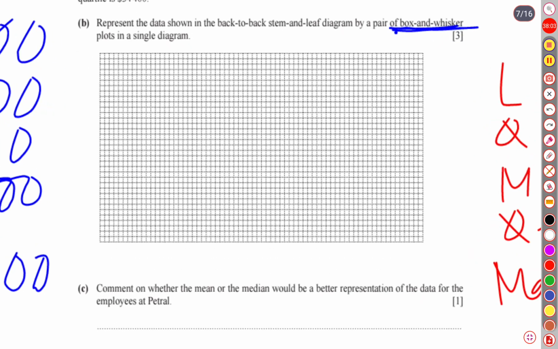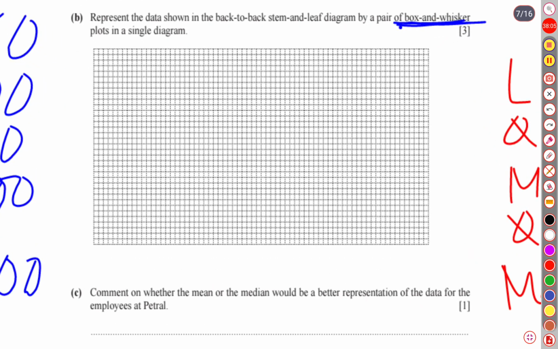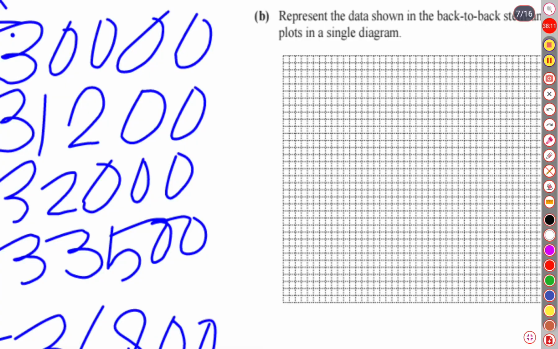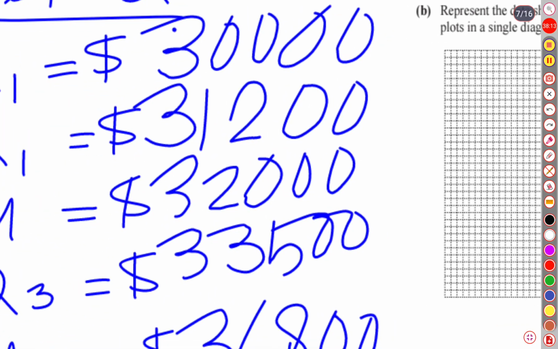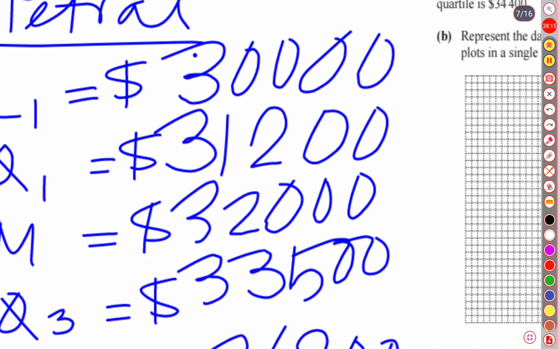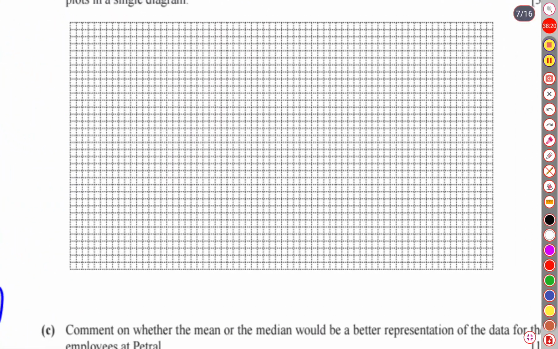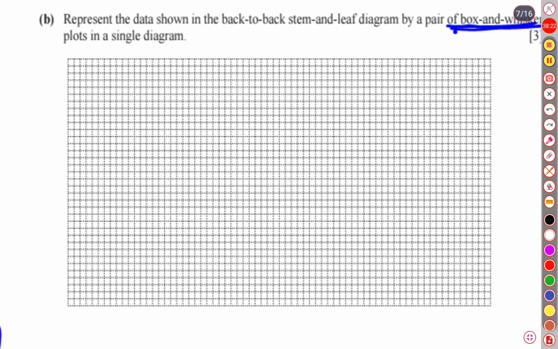Okay, so for the first one, on top of the figure we will draw petrol, because petrol lies on the left side. So for petrol, lowest quantity is how much? 30,000. So let's start from 30,000.